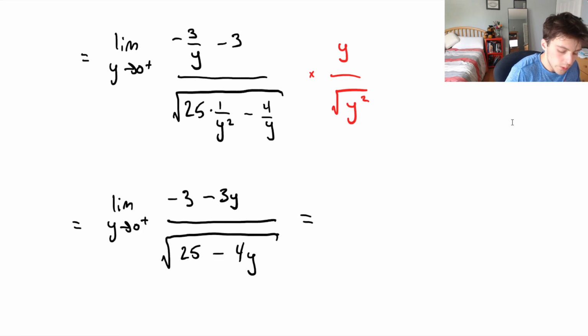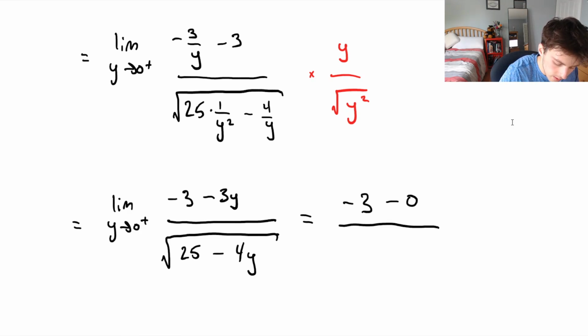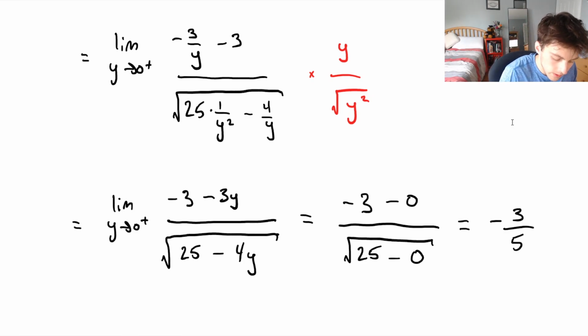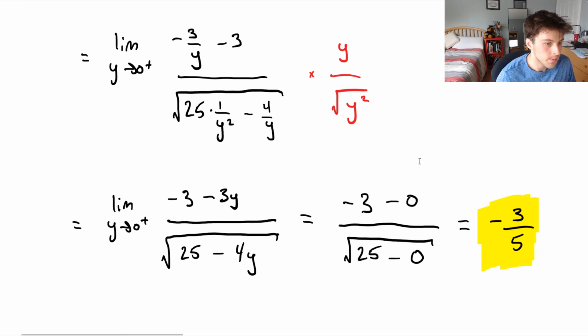And we can evaluate this. This will be -3 minus 3 times 0 is 0, divided by the square root of 25 minus 4 times 0 will be 0. And then finally we'll get -3 divided by, and then we got square root of 25 is just going to be 5. So you can see we resulted in the same number. The limit would be equal to -3/5.